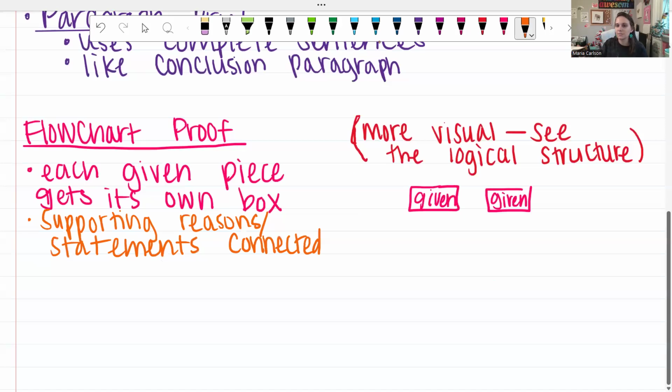So I think it's better to see it. So maybe we have some given statement and I'm able to use some property we know to make a statement and give the reason. And maybe I use the other given statement. There are two given statements. And I'm going to have some statement, something I'm going to be able to deduce.